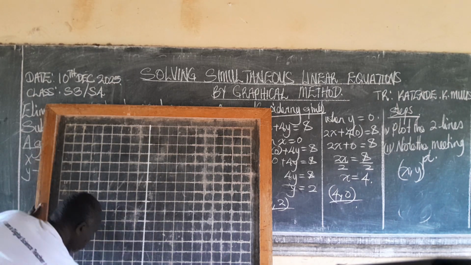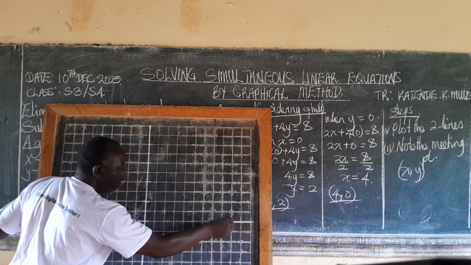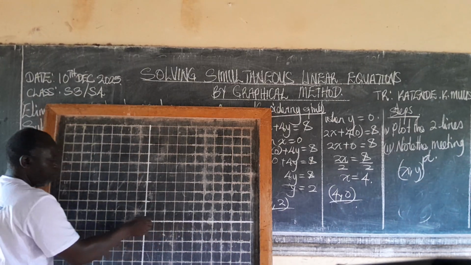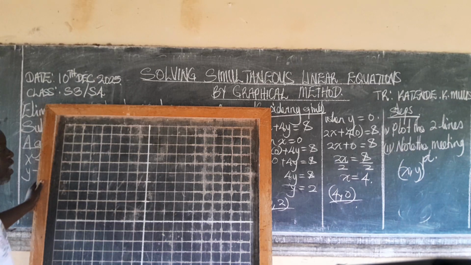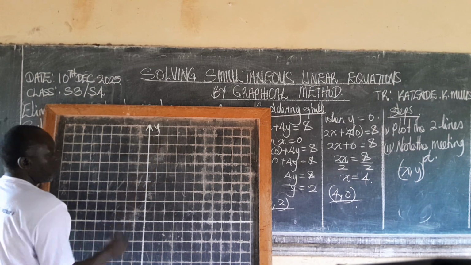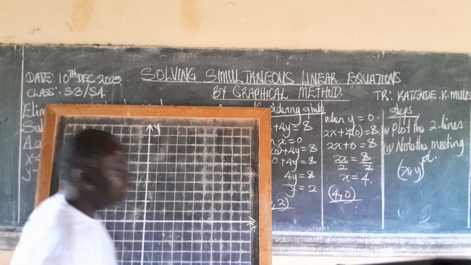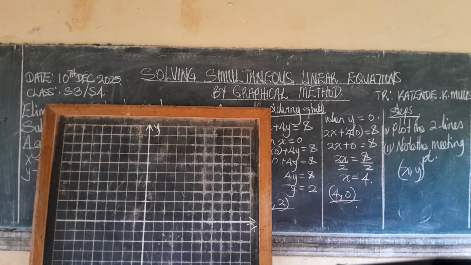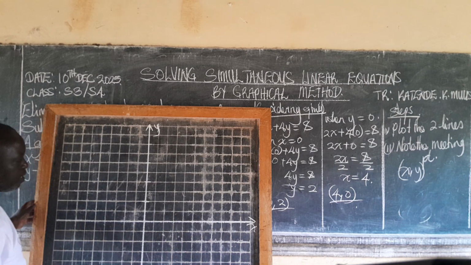This is the x axis. Then after that, this is the y axis. But remember, for a good mathematician, you have to label the axes. Therefore, this is y, and then this is x. But at the back of our minds, we have said that the scale has to be even.